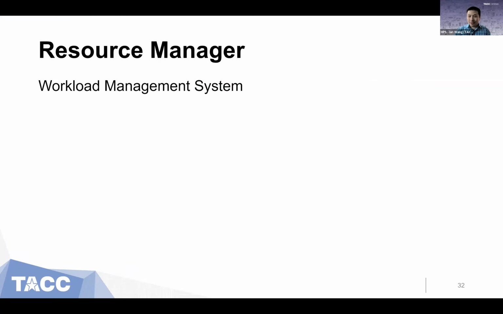So the job scheduler is one way to manage the resources, so it's also called a resource manager on an HPC system. Slurm is a particular workload management system. And what does that mean? It means it tries to schedule jobs to maximize the utilization of the cluster, right?